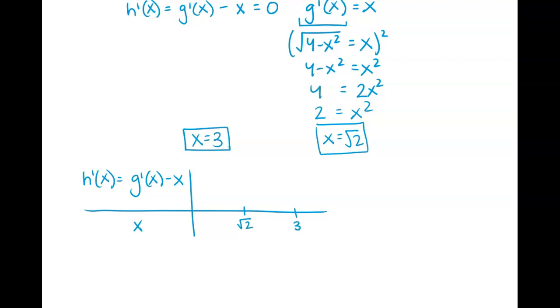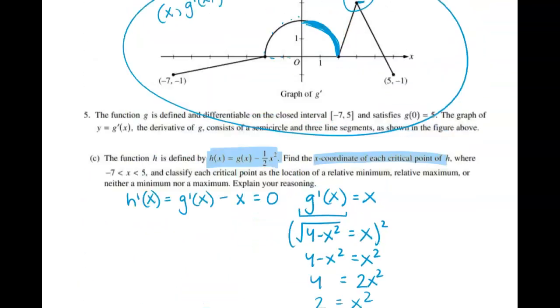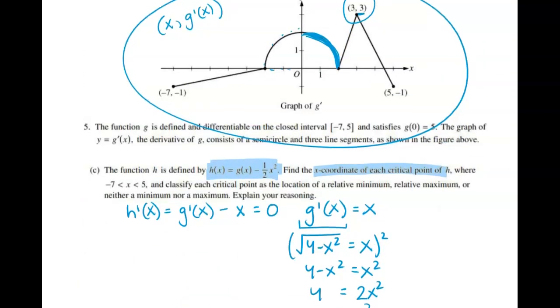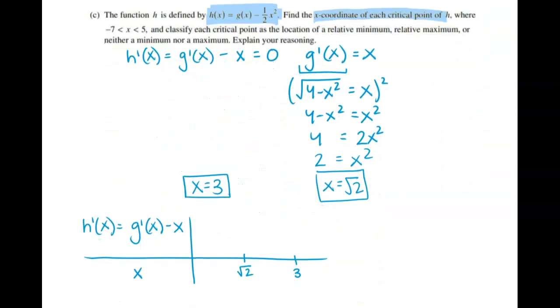So now we'll test around these. So if we look at somewhere less than square root of 2, let's go for 0. Why not? So at 0, that's the point 0, 2. And so g prime of x, which is our y, minus our x, would be 2 minus 0. So that will be positive.